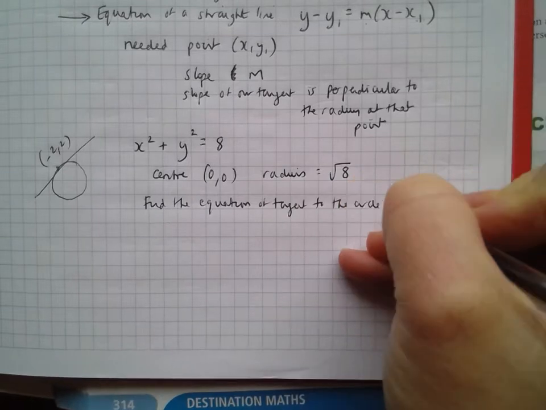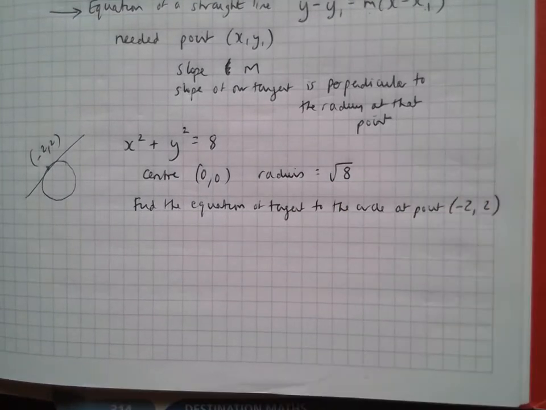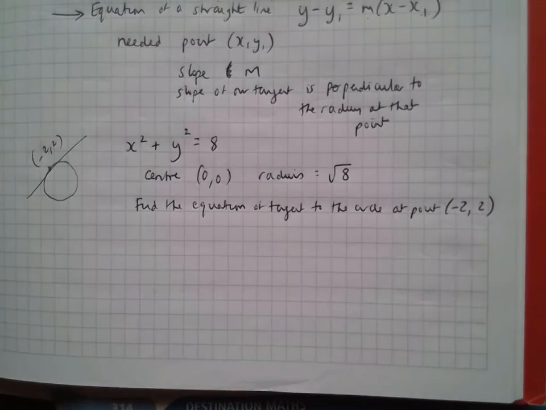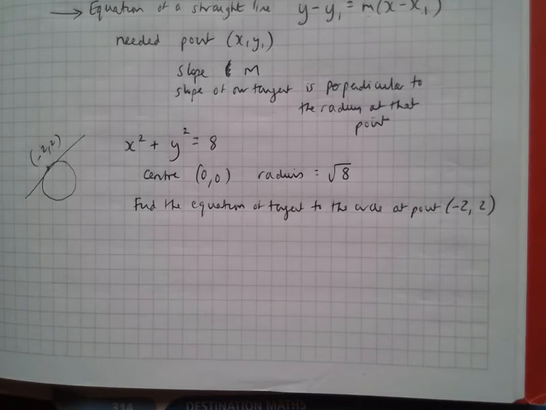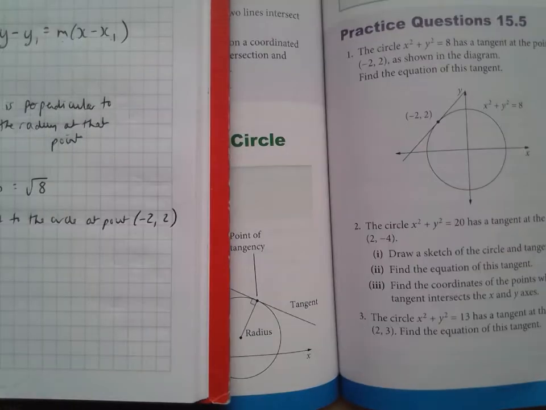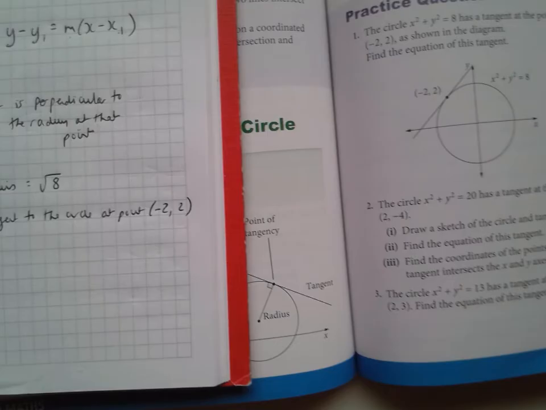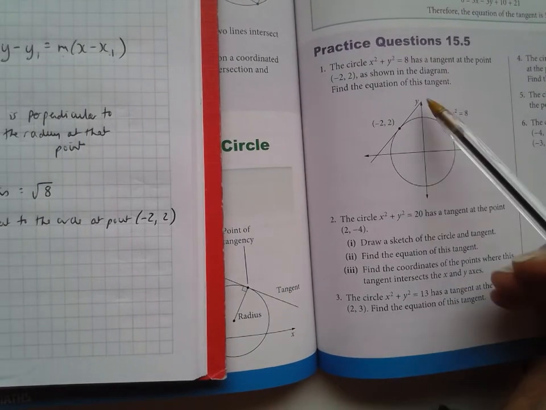That's the question. The circle x squared plus y squared equals 8 has a tangent at the point minus 2, 2, as shown in the diagram. Find the equation of this tangent. Okay, there's our diagram. There's our circle with center 0, 0. There's our circle, there's our tangent, and there's our point of intersection. So the equation of the tangent.